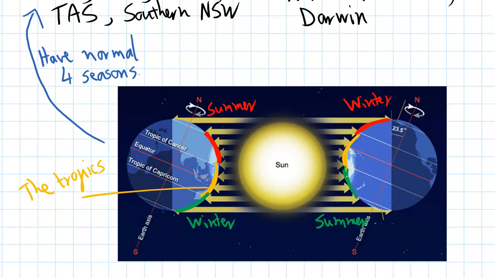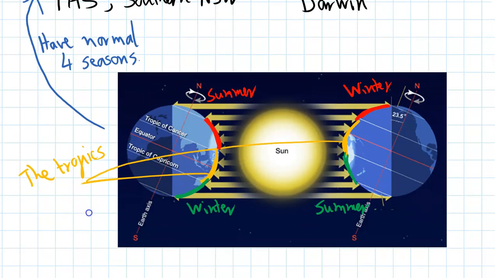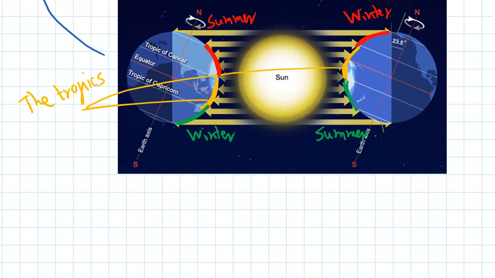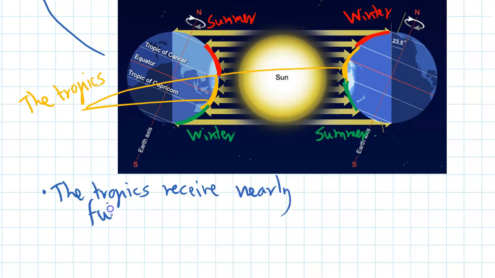So really, in the tropics, they're getting a lot of sunlight all through the year, nearly full sunlight throughout the year.